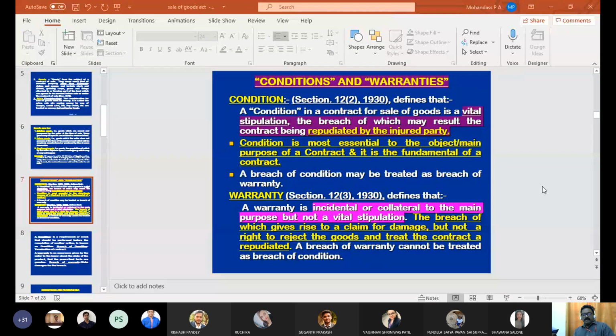Now we are getting into something very interesting and very important, not as an MBA student, but as a consumer of this country. It is your responsibility, your obligation, to know three terminologies: guarantee, warranty, condition. Trust me, 90% of LLB students, if you ask them, may not be able to answer this question.